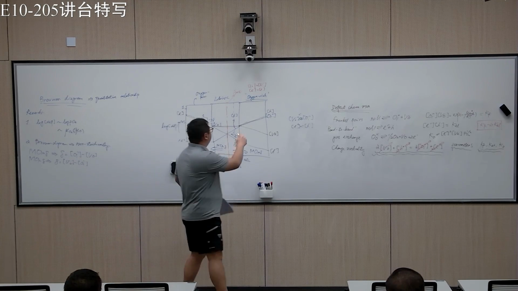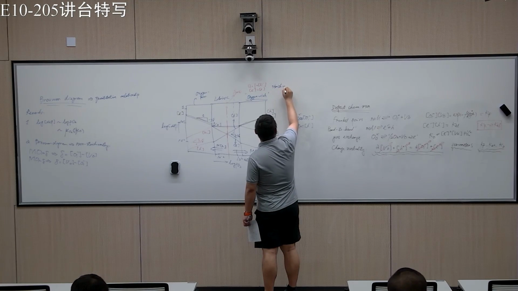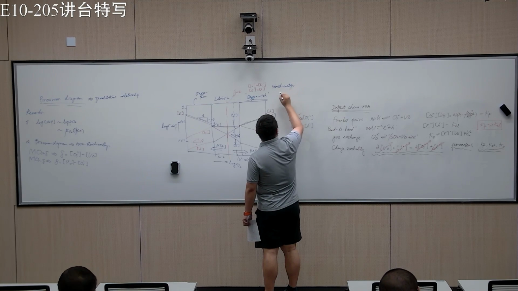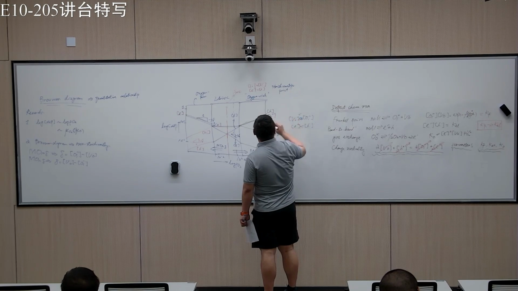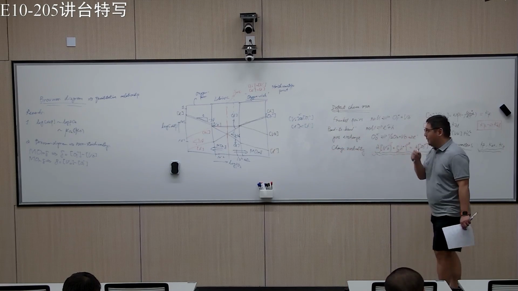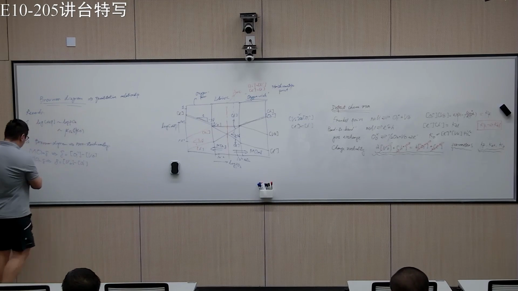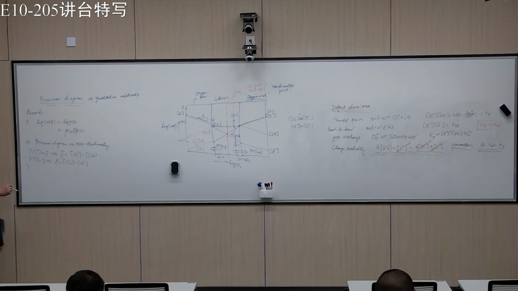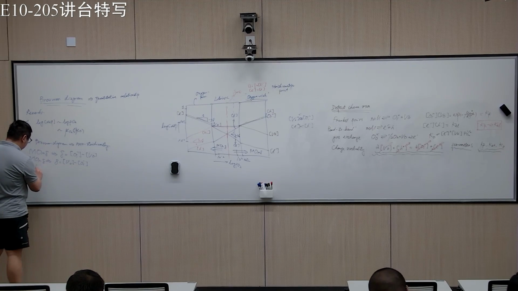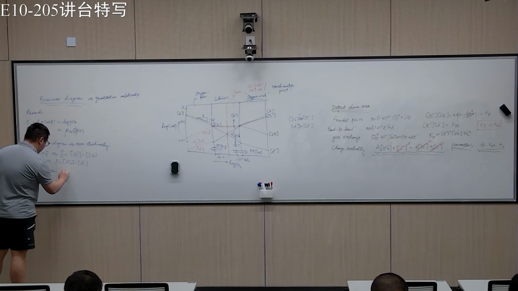This point here is called the stoichiometric point. You should be able to solve for the PO2 for that. And the third one is to know the thermodynamic parameters in the plot.